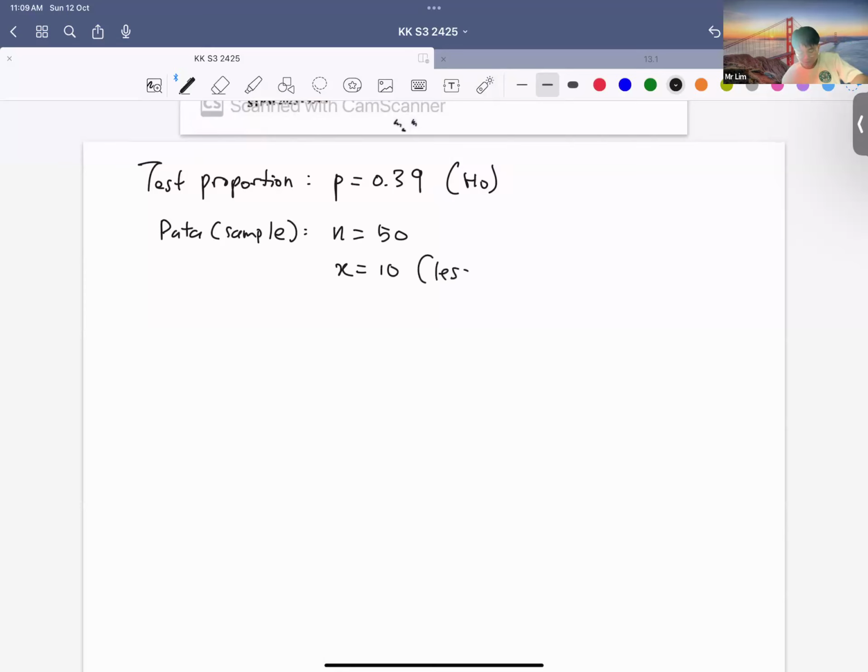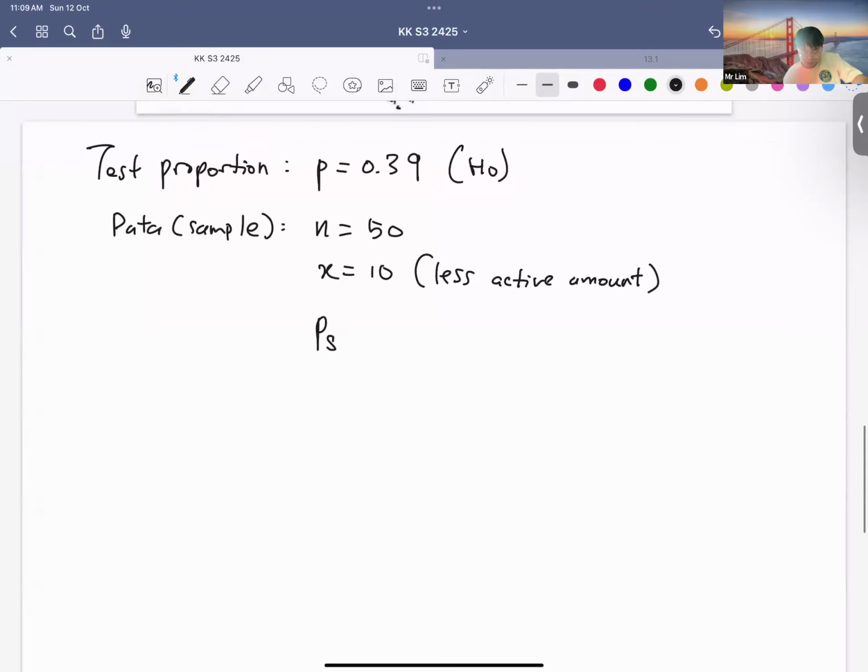So my proportion from the sample, p-hat, is equal to X divided by n, which is 10 divided by 50, 0.20. This will be my data. Test at an appropriate significance level. If you go through chapter 17, you will see that most of the time they choose the significance level to be 5%.